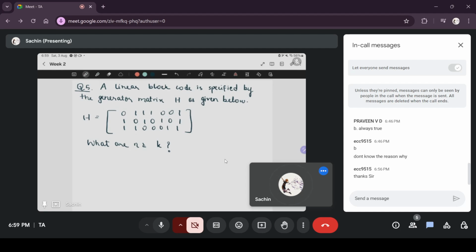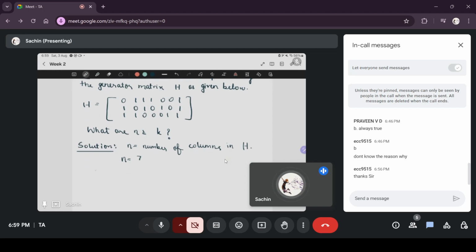Alright, I'm back. Finding n is easy. N is the number of columns in the parity check matrix. So n is 7.